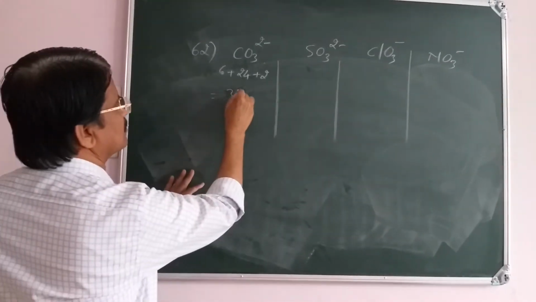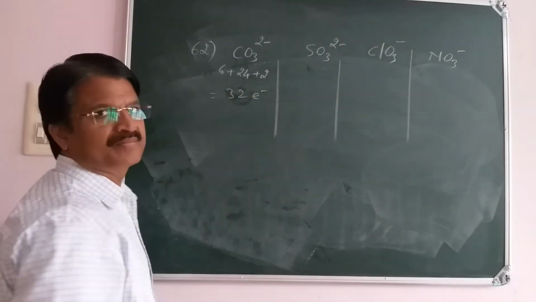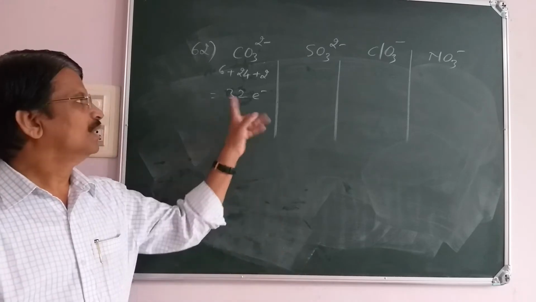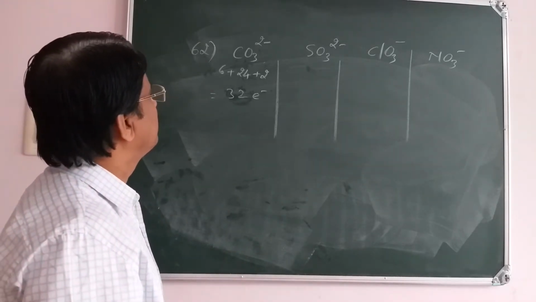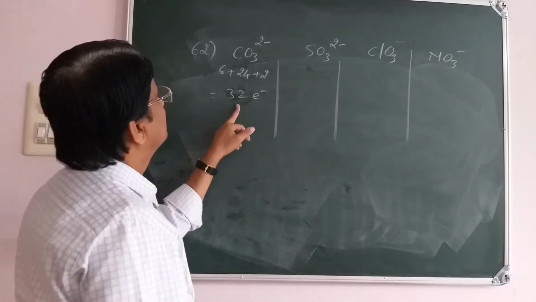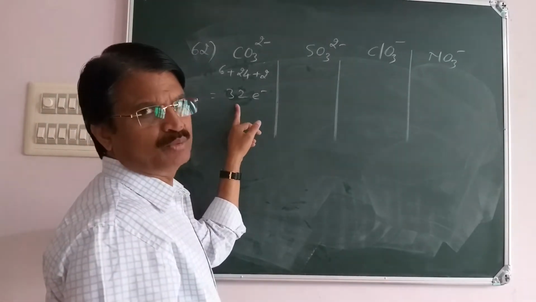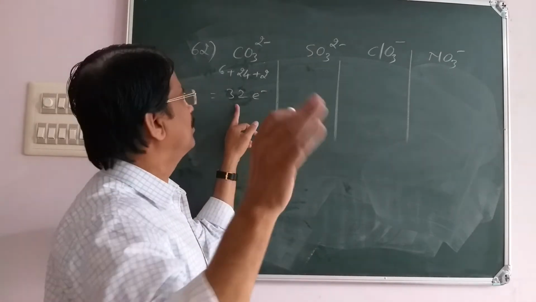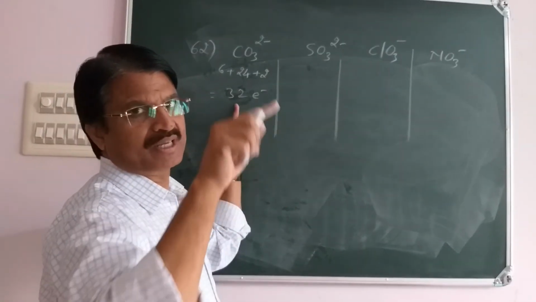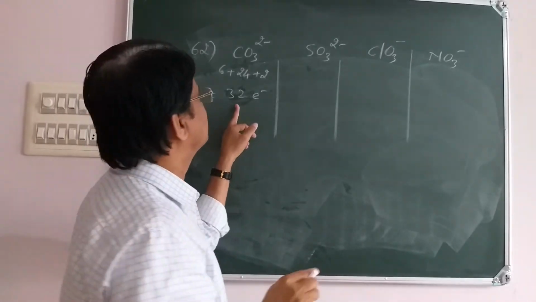Therefore, it is 32 electron system. Then CO3 2 minus, whether tetrahedral, pyramidal, that we study afterwards based on the calculation of number of hybrid orbitals.